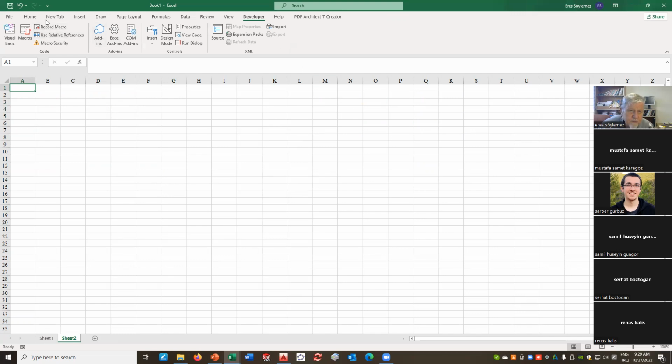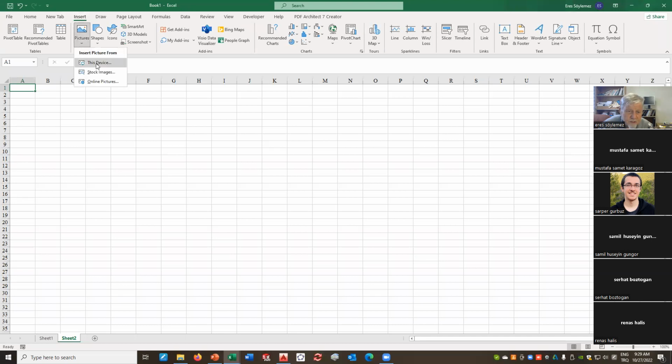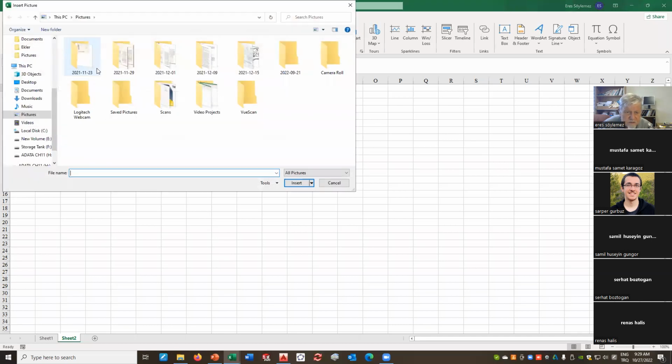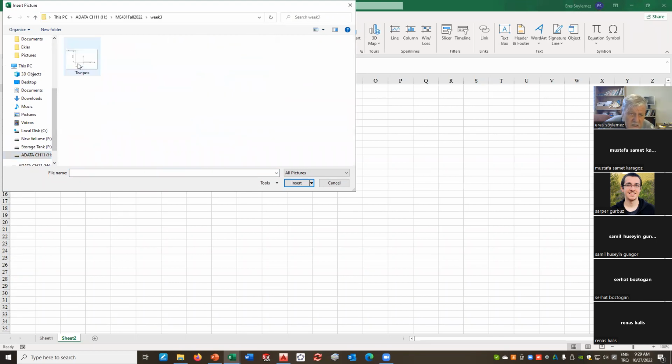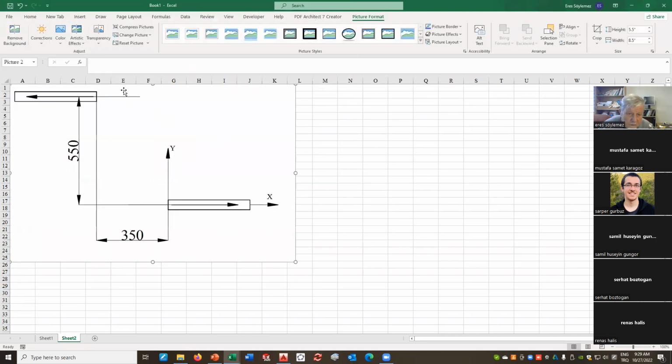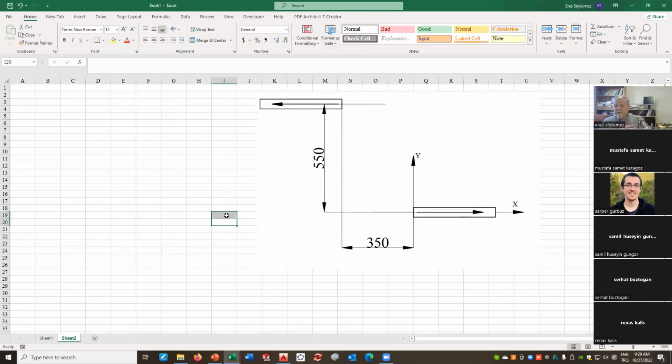This time I'll take a problem, insert picture from this device, storage tank, A data. I think it was in here, yes. Here's a problem.